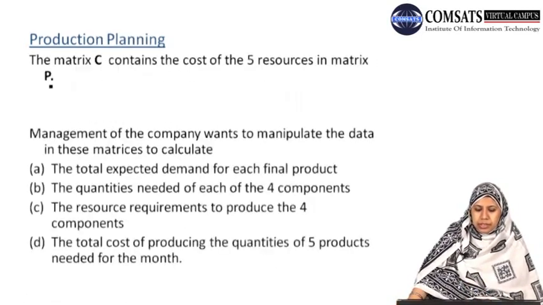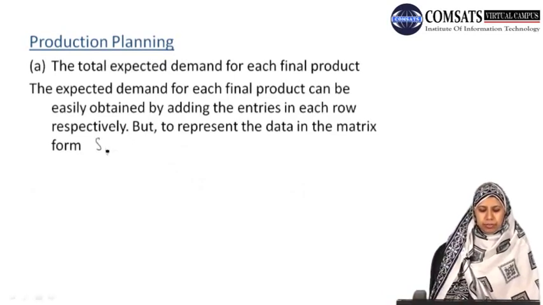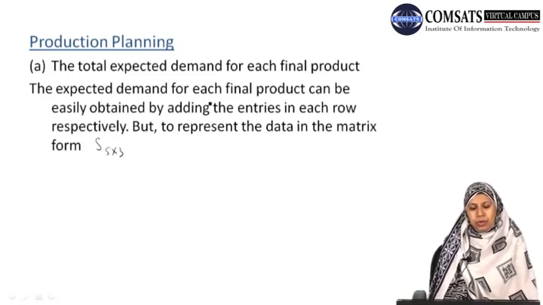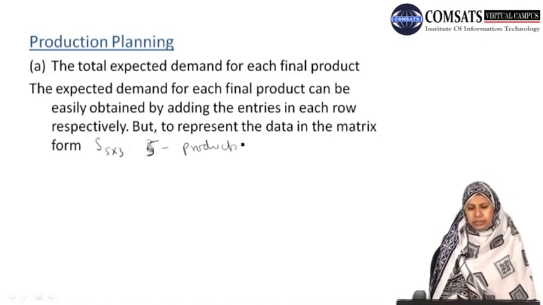What will we do in this case? Now our matrix S has order 5 by 3, and what type of output are we required to give? The total expected demand for each final product. We have 5 types of products in 3 regions.